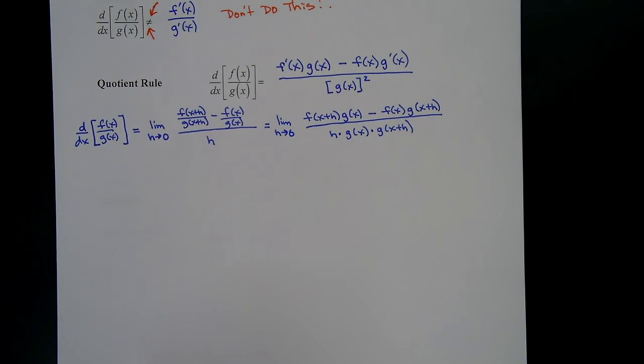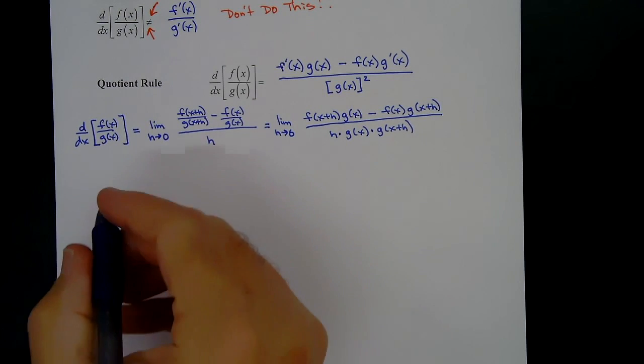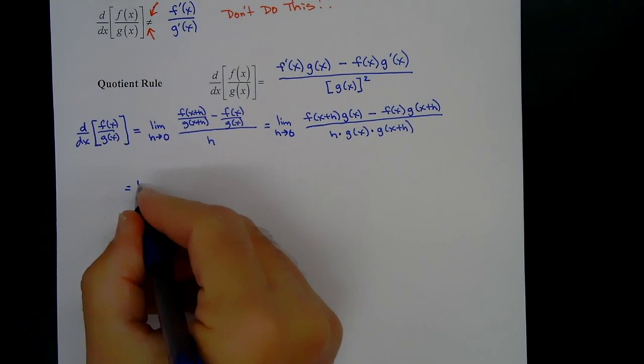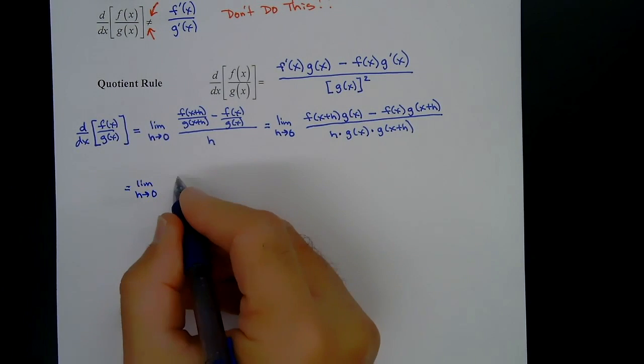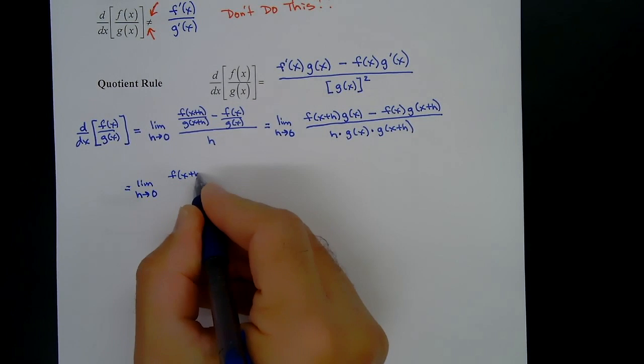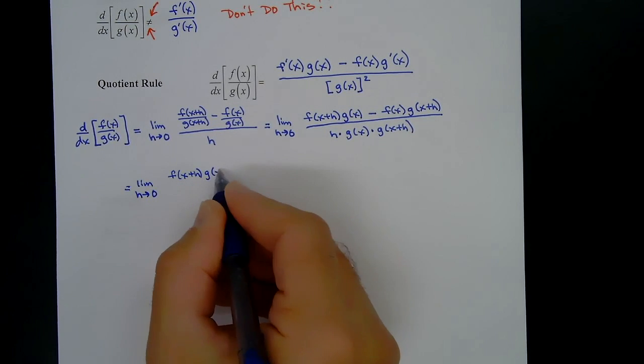All right, so what I need to do to this one, in the numerator, I need to add and subtract like I did before, okay? So this winds up being the limit as h approaches 0 of f of x plus h, g of x.